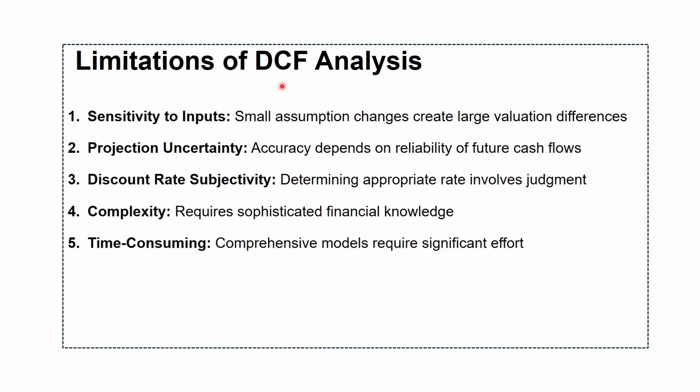The ranges which we have seen are also not very small, 15 to 18%, 11 to 13%. These are long ranges, long potential brackets. So you can see that the exact rate which is taken is also different for different analysts. So determining the appropriate discount rate involves significant judgment by these analysts.